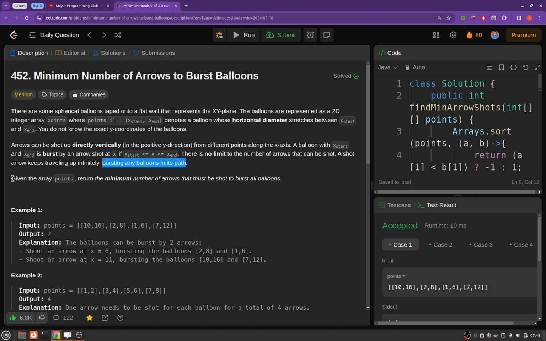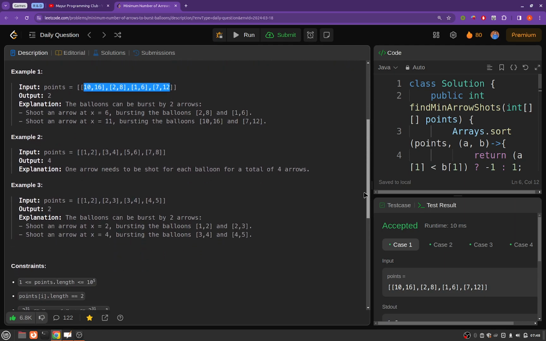So given the array points, return the minimum number of arrows that must be shot to burst all the balloons. If this is your input, you have to tell what will be the minimum number of arrows that can burst all the balloons.